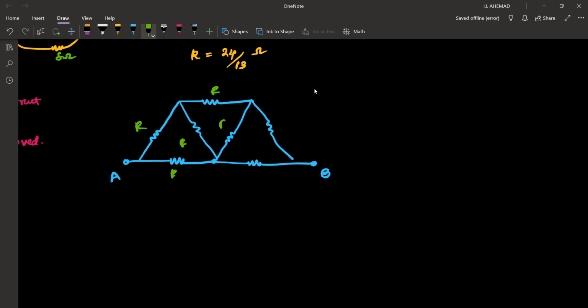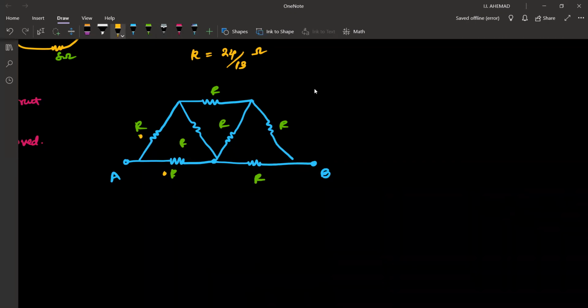Okay, do you find any of the resistor in series or parallel? These two resistors, are they in series? Sorry, are they in parallel? These two, are they in parallel? No, right? It is not, because they are not connected to the same point.